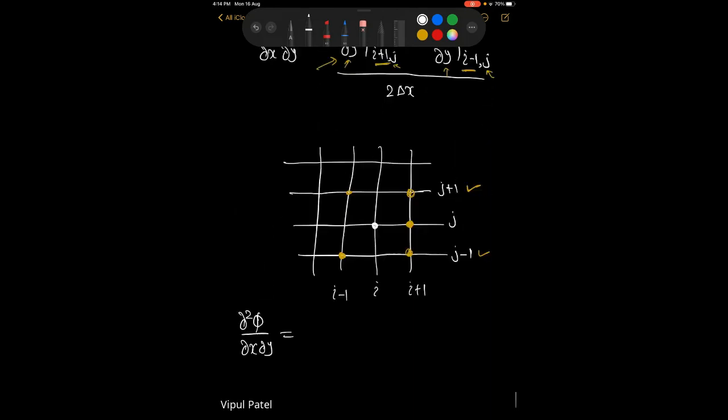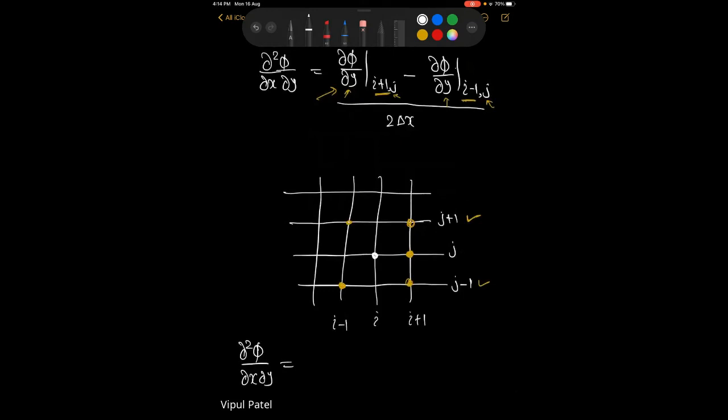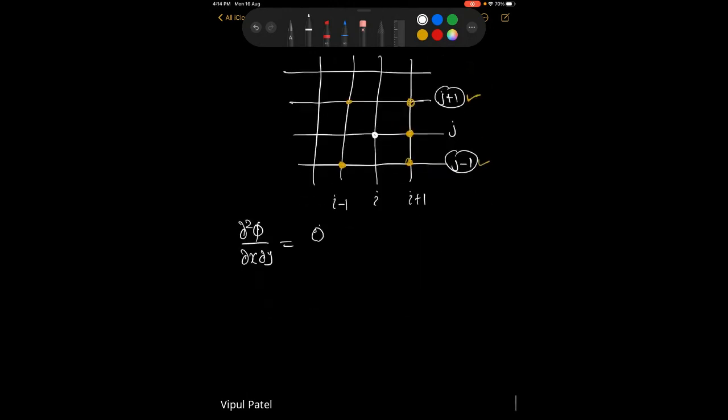Now on the right hand side, I want to express del phi by del y at I plus 1 j using these two nodes. So I can simply say phi at I plus 1 comma j plus 1, because the position of this node is I plus 1 and j plus 1, and similarly the position of this node is phi I plus 1 and j minus 1, and obviously this will be divided by 2 delta y.